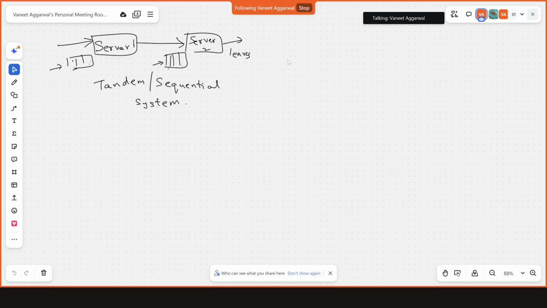So let us say the arrival rate of customers here is lambda. The service rate of server 1 is mu1, and the service rate of server 2 is mu2.